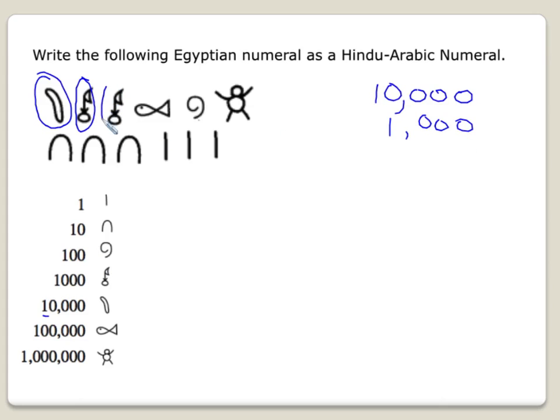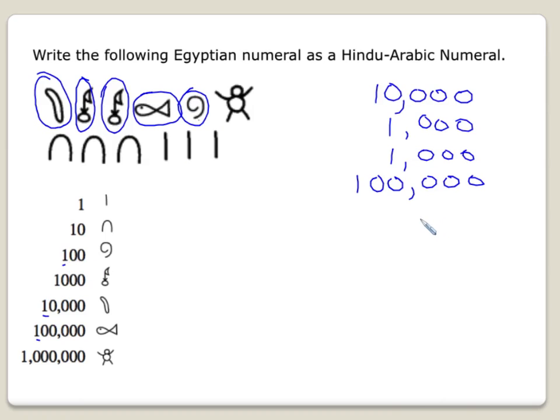And then I see another lotus flower, and that one's also worth 1,000. Here I see the tadpole or the whale, and that was 100,000. Here, a coil of rope, so that's worth 100. And here we have an astonished man, so that's going to be worth 1,000,000.